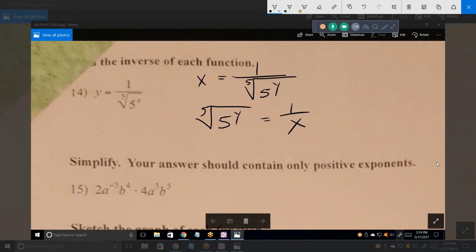You understand how I got that step? Yep. Okay. Now I'm going to take each side to the 5th power. What do I get when I do that? You get 5 to the y equals 1 over x to the 5th.